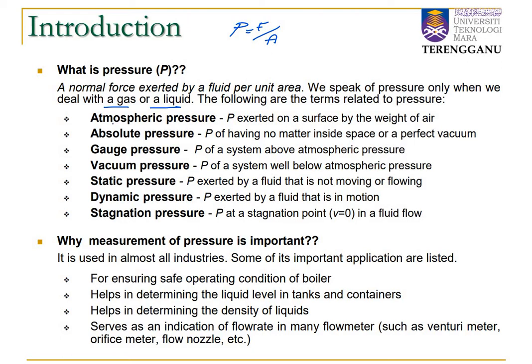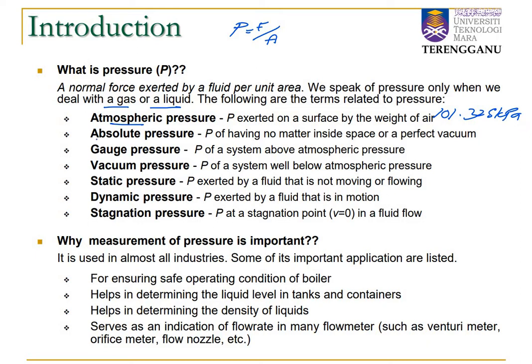Atmospheric pressure is the pressure exerted on a surface by the weight of air. So basically atmospheric pressure is the pressure surrounding us. In the ideal situation the atmospheric pressure surrounding us is around 101,325 kPa.